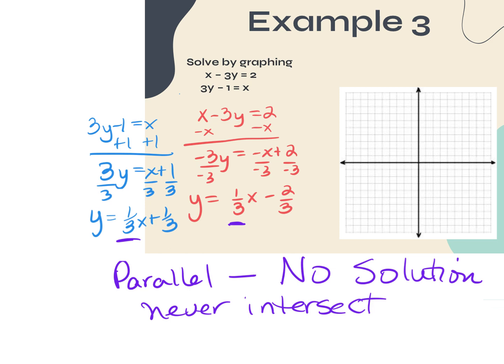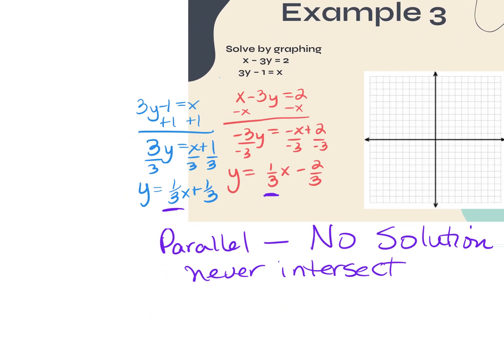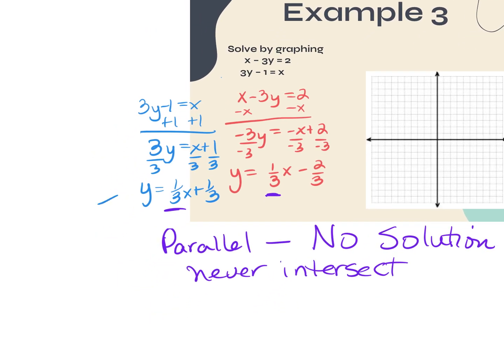Now this one's a little tricky because I've got a fraction for my y-intercept. So for the blue one, my slope here, I'm going to go up 1 and to the right 3. For the red one, same thing. I'm going to go up 1 and to the right 3.